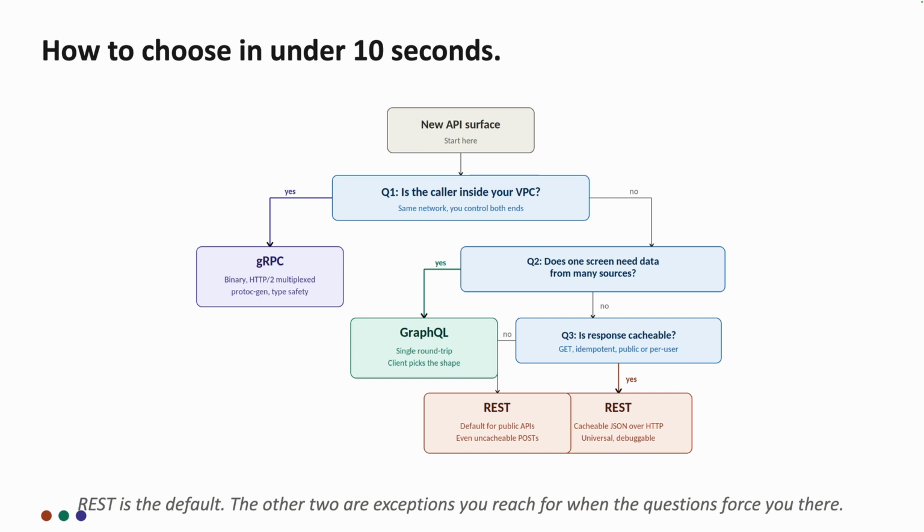So this is a very simple decision tree that I would employ, and get my answer quickly within less than 10 seconds. This could be a very useful takeaway when designing complex systems where we have a lot of interdependency among services. We have both internal as well as external consumers of our backend.